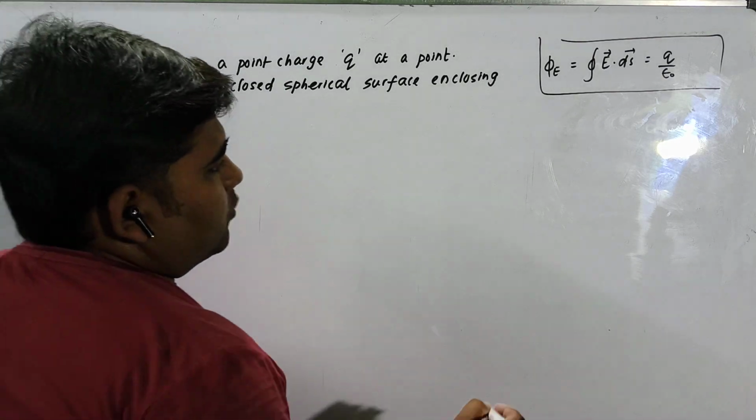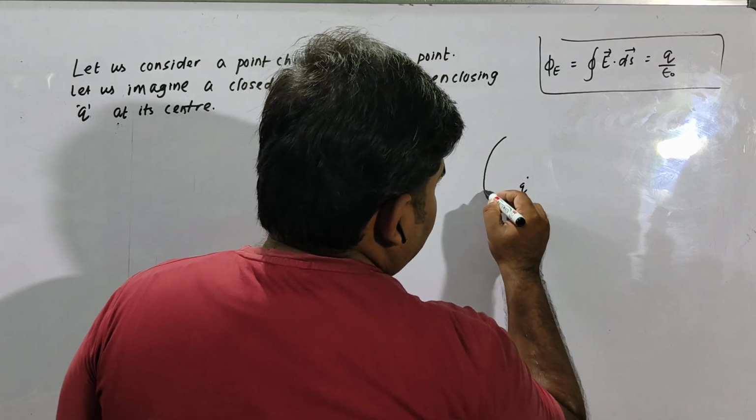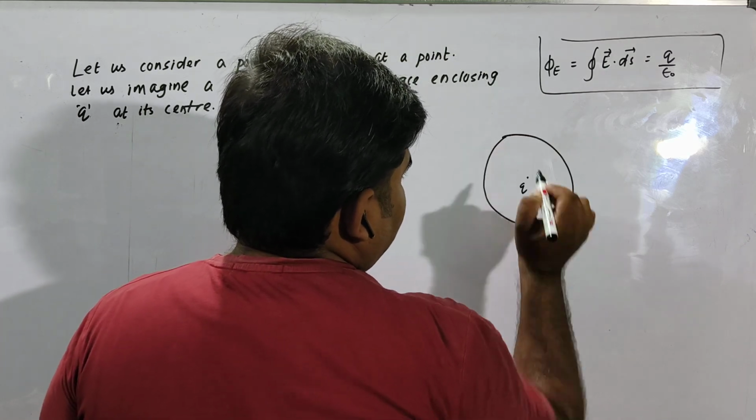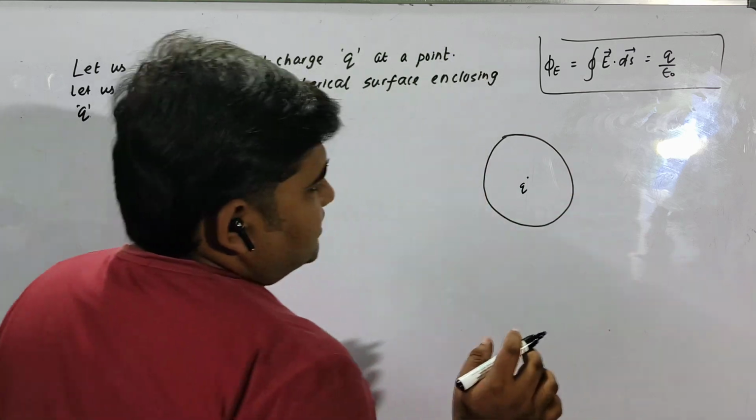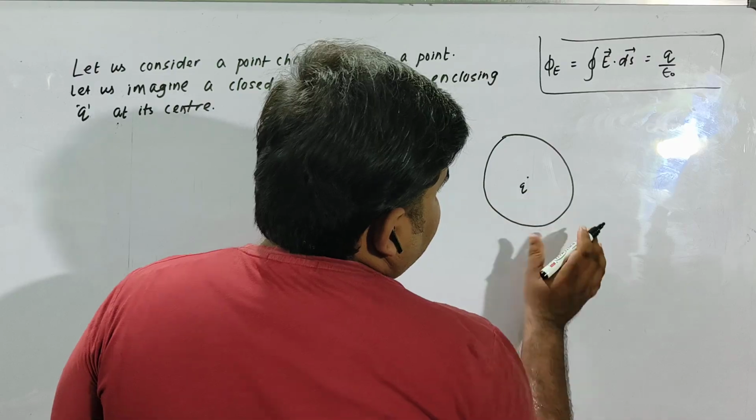So you have been given a point charge q and you have a spherical surface enclosing q. And where is q? Q is at the center of the sphere.